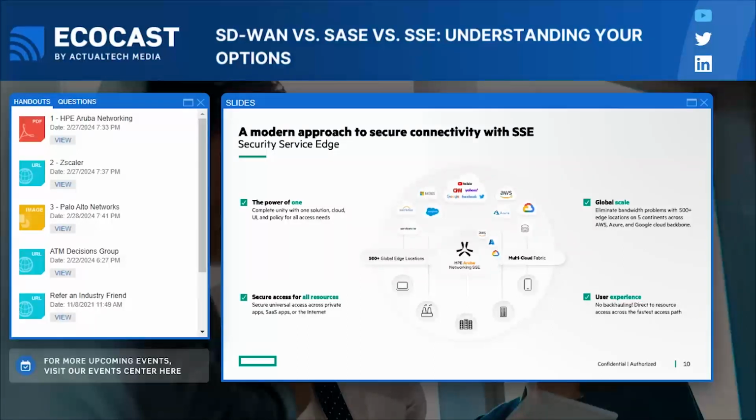We are not a bunch of separately acquired or developed products bolted together into a portfolio. That's far too complex. This means that we can secure access from any type of user, a third party, a contractor, or an enterprise employee, to all of your resources, including those private applications, SaaS applications, or the internet. And like I said, all from a single place.